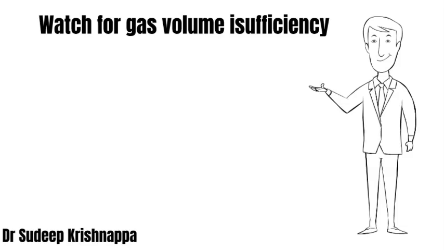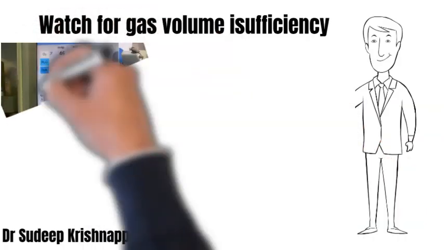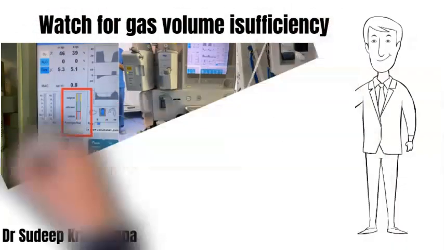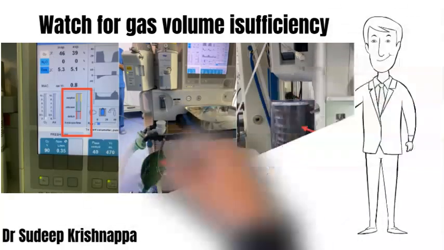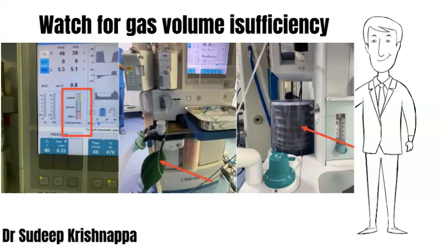The last important thing would be watching for gas volume insufficiency. Even though we've done our calculation and set the fresh gas flow appropriately, our calculation might have been wrong, or any of the factors determining the need of fresh gas flow might change during the course of the anesthetic or the surgery. In such situations, the fresh gas flow might become insufficient.